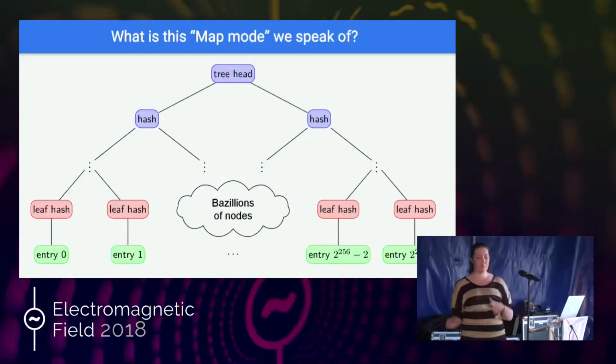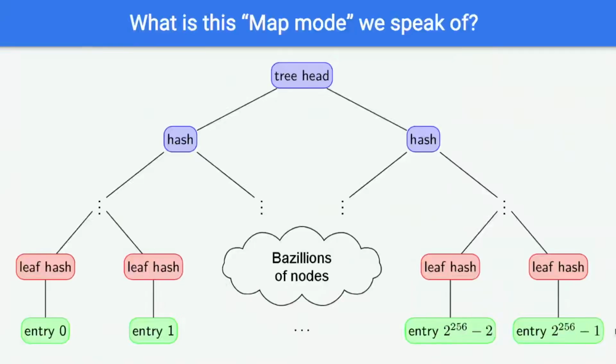Now, the verifiable map mode is essentially a verifiable key value store. From a Merkle tree point of view, this is a Merkle tree with 2 to the 256 leaves, most of which are empty, which is how it's doable.